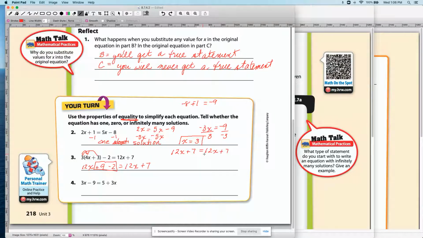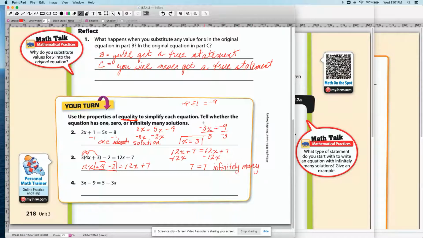And if you can see it right now, you can stop here and say, well, there's going to be infinitely many solutions because whatever you plug into here, it's going to be the same on the other side. However, if you cannot see that, we can still move forward and subtract 12x, subtract 12x. We will get 7 equals 7. And again, when you get a number that equals itself, that means there are infinitely many solutions.